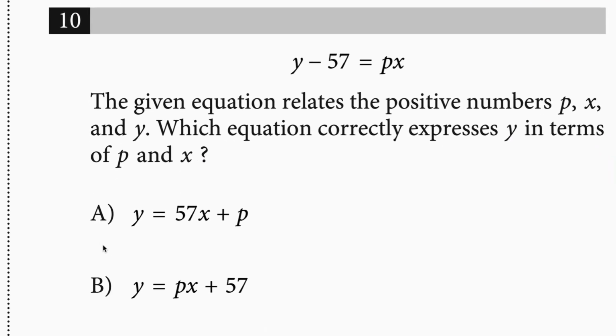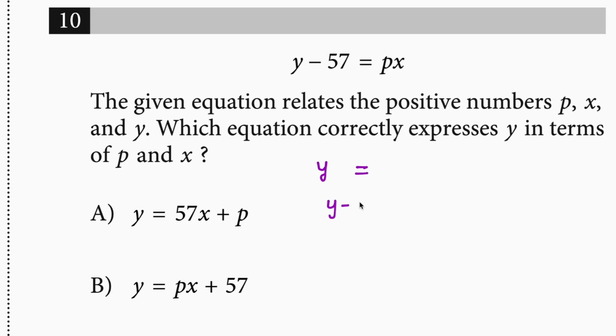Let's do question 10. The given equation relates the positive numbers p, x and y. Which equation correctly expresses y in terms of p and x? That means we have to do y is equal to whatever. That means when it says y in terms, that means you have to put y is equal to this.